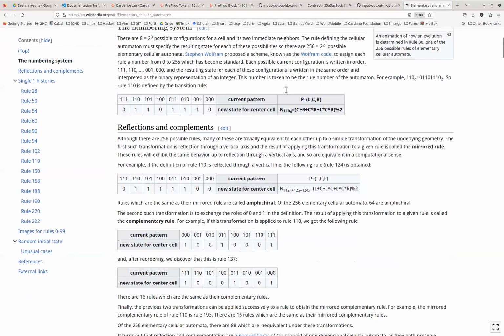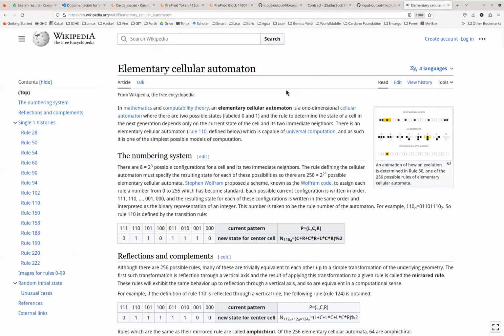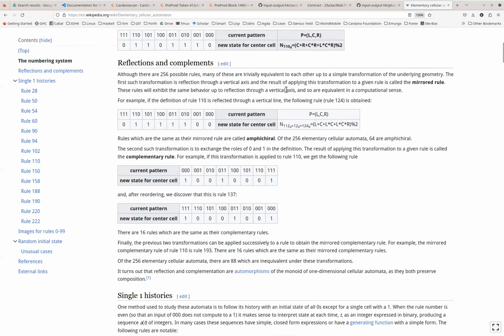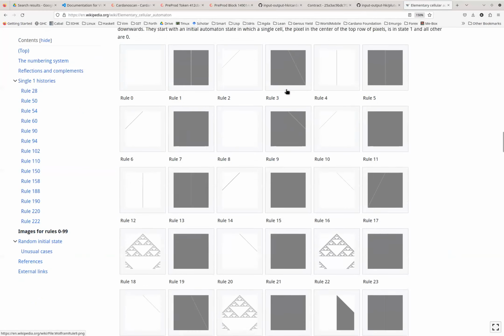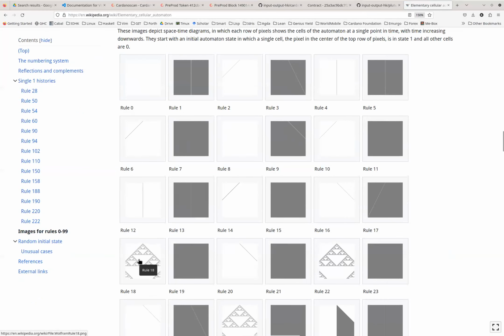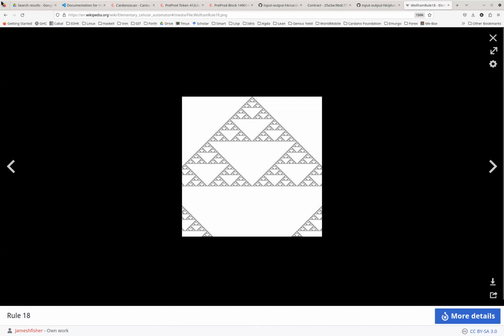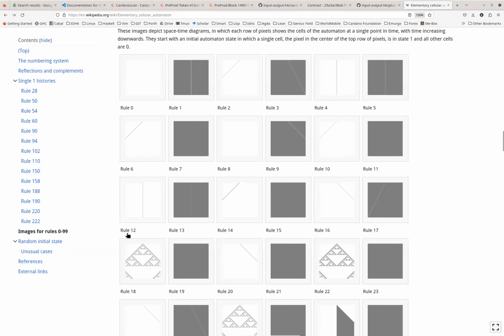I just want an interesting rule where some interesting pattern happens. I mean, this one looks pretty, for example. So let's try to get that, rule 18. And I think they do start with a single cell.